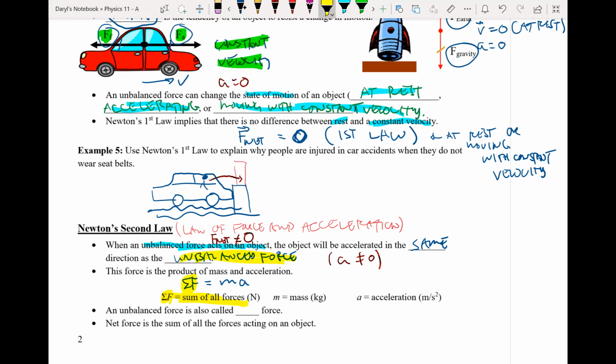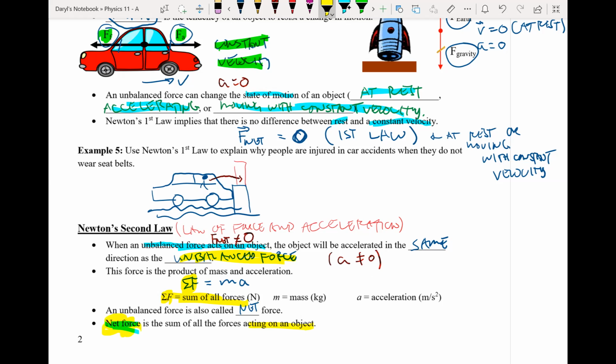The unbalanced force is also called the net force or resultant force. Net force is the sum of all the forces acting on the object. So you're taking the sum.